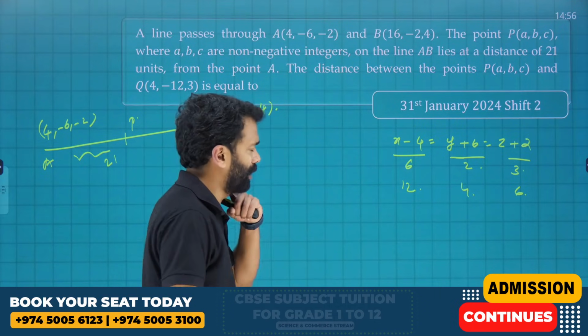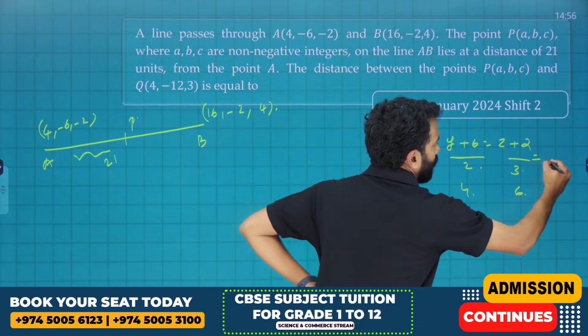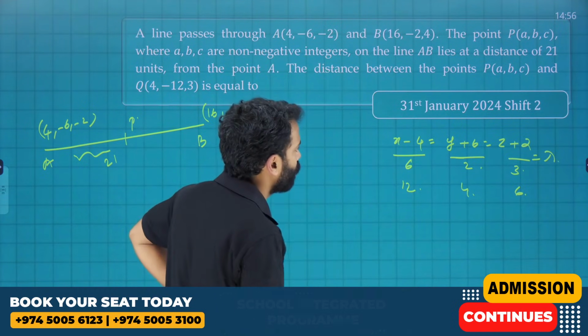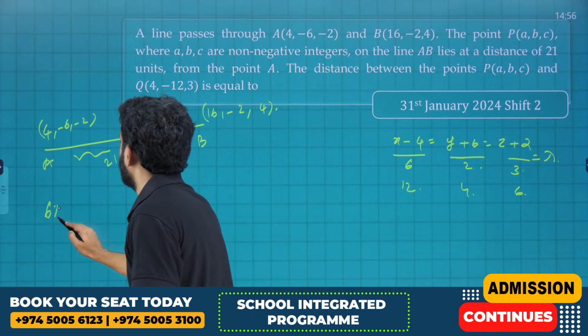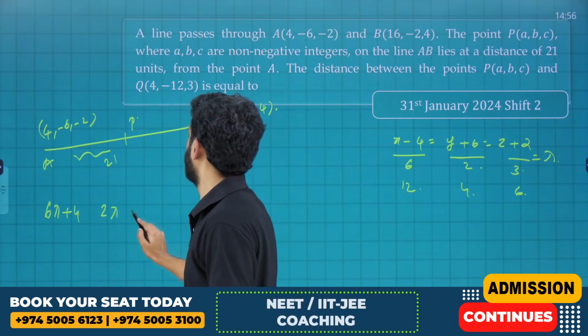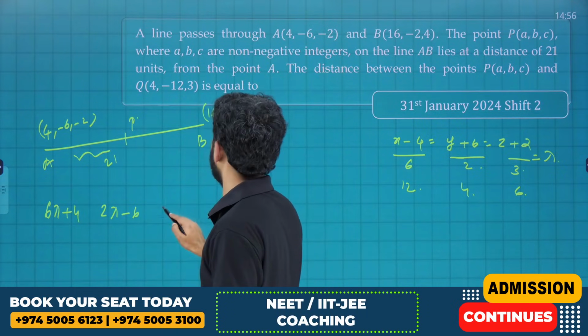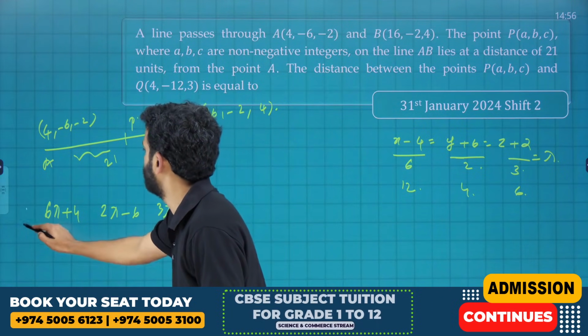These are the direction ratios, we can cancel that out. And we can assign it as lambda. Therefore the general point P will be 6 lambda plus 4, 2 lambda minus 6, and 3 lambda minus 2.